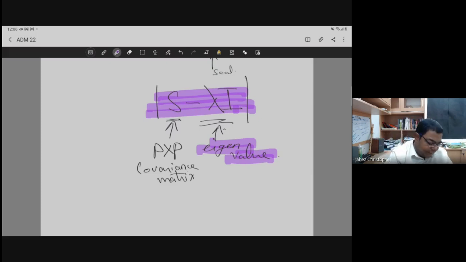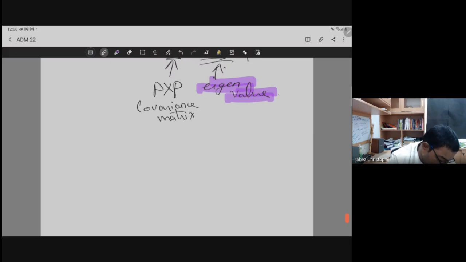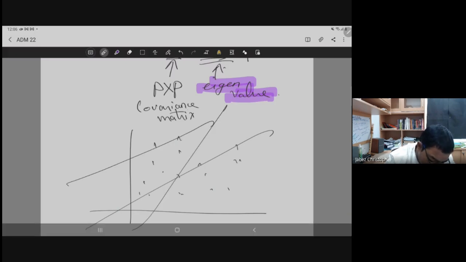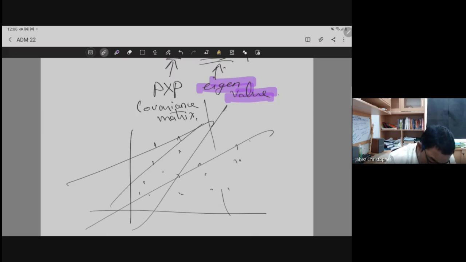If you have some data, you are going to have different transformations. The transformation that has the maximum eigenvalue would be the one that has captured the maximum variance.